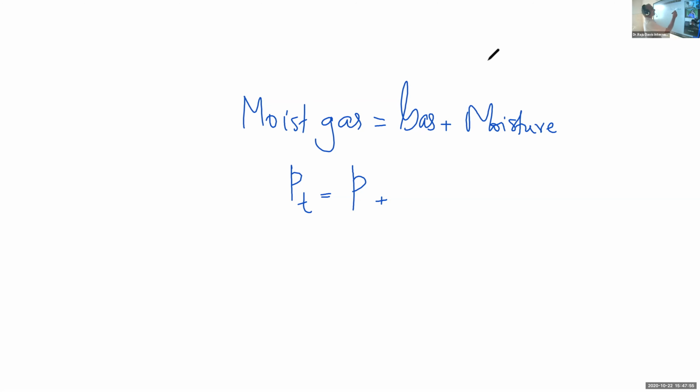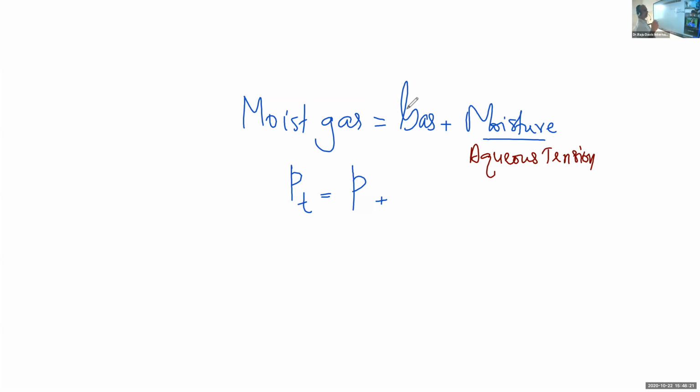Partial pressure due to moisture is known as aqueous tension. Aqueous means water. Tension means pressure. So the pressure due to water vapor, pressure due to moisture, that's called aqueous tension.